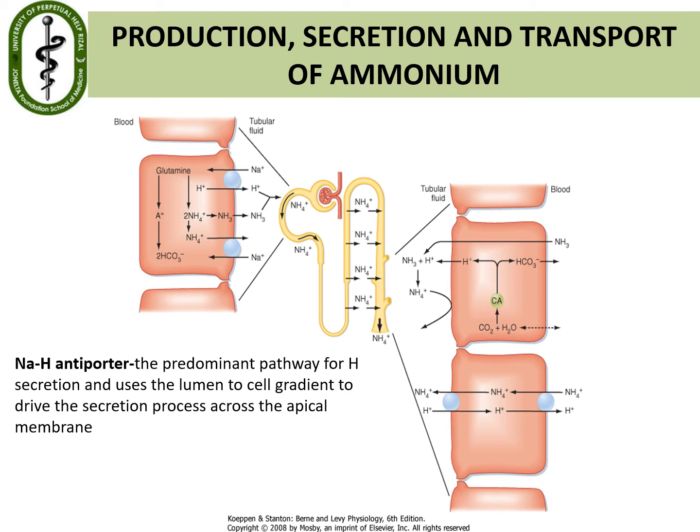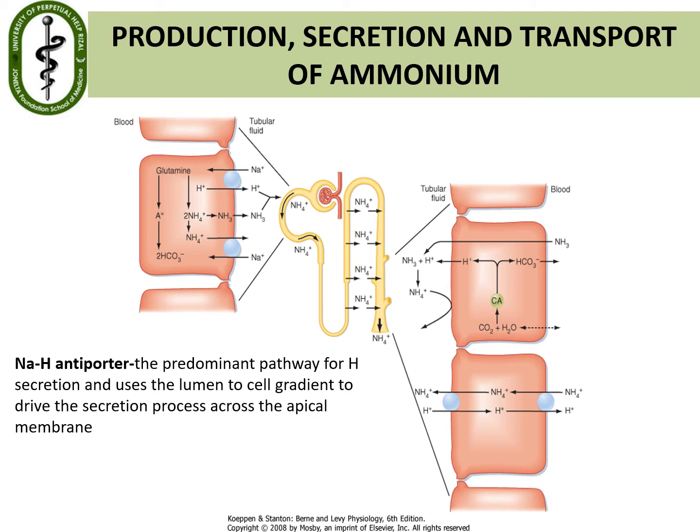Ammonium is secreted by the collecting duct via non-ionic diffusion and diffusion trapping, as well as by ammonium transporters. Both secretory processes require secretion of hydrogen by the collecting duct. For each molecule of ammonium excreted in the urine, a molecule of new bicarbonate is added back to the extracellular fluid.